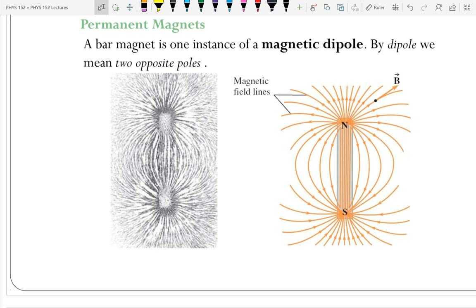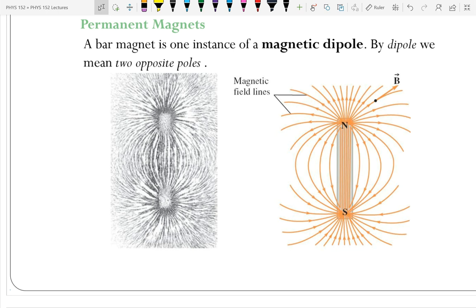Iron is strongly magnetic. And because it's strongly magnetic, the little grains of iron will align on the magnetic field lines. And so you can look at that picture and you can see the direction the magnetic field lines are pointing. And then the picture on the right is just taking that and looking at the line directions.